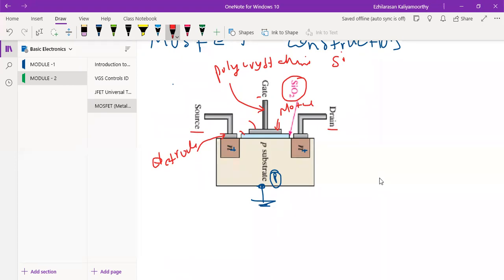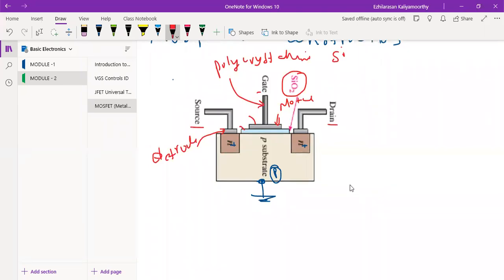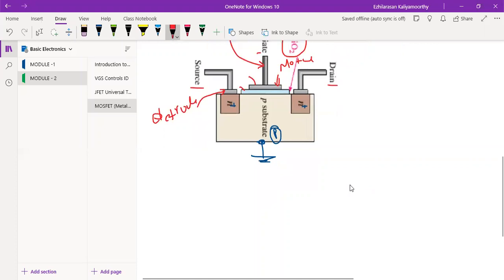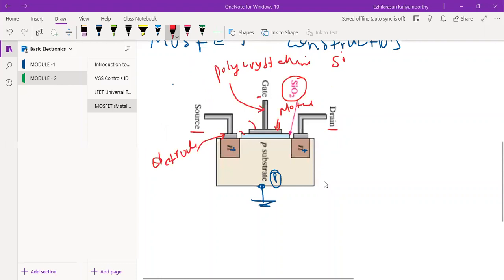Now both the P channel and N channel MOSFETs are available in two basic forms, that is the enhancement type and the depletion type. So now we go for the enhancement type MOSFET. As I said earlier, what is the primary difference between enhancement and depletion?